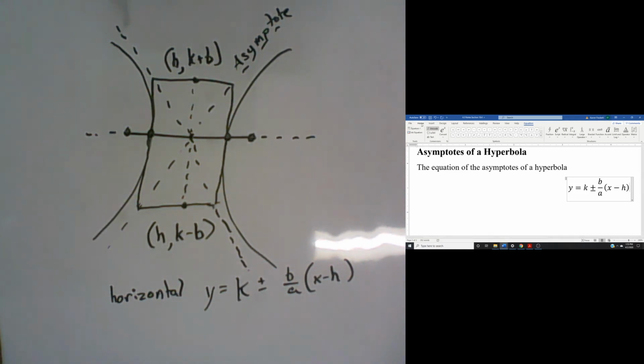So that's horizontal. Then you may be like, well, David, what about vertical? Great question. Vertical is going to be y equals k plus or minus a divided by b times x minus h.